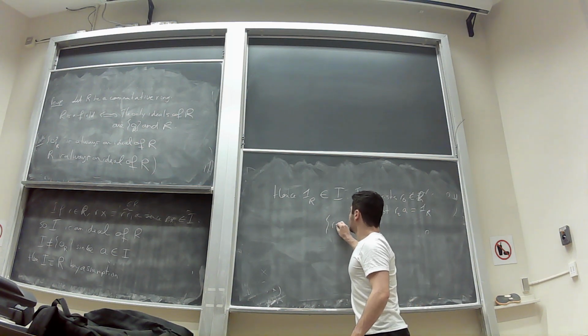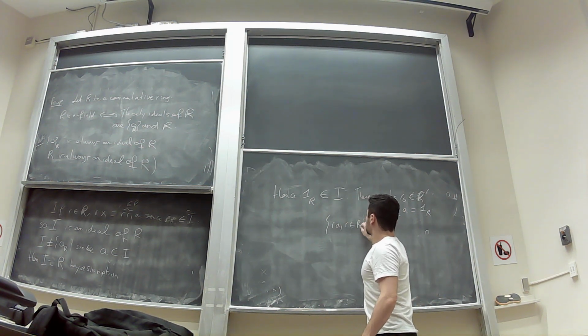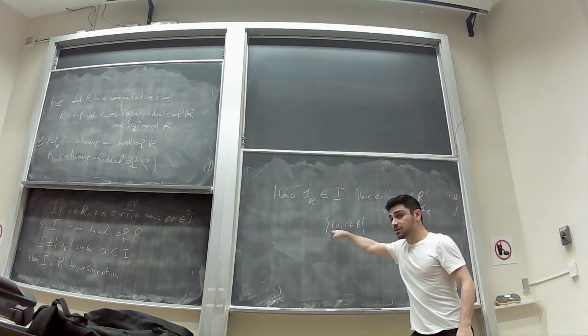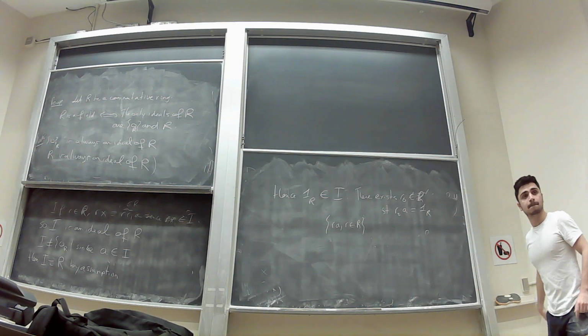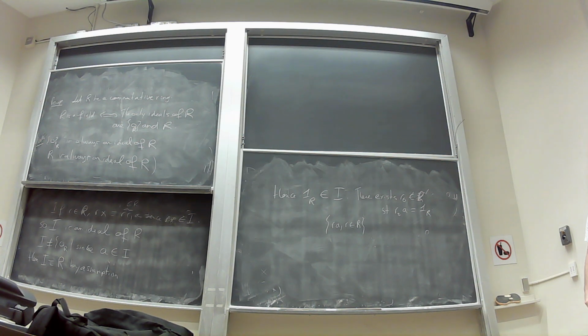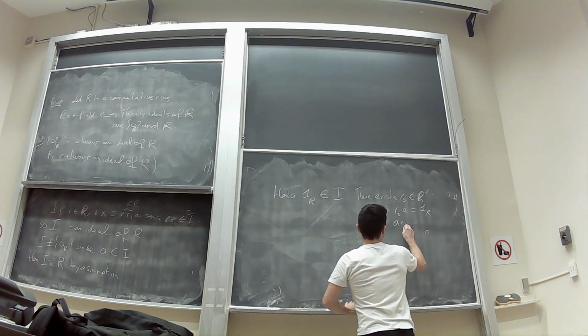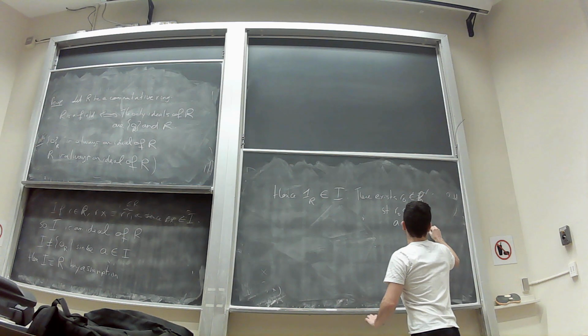I is just the set of these elements. If 1 belongs here, then you can write it in this form. Are we clear? Are we good? I mean, R is commutative, so r_0 a is equal to 1, since R is commutative.